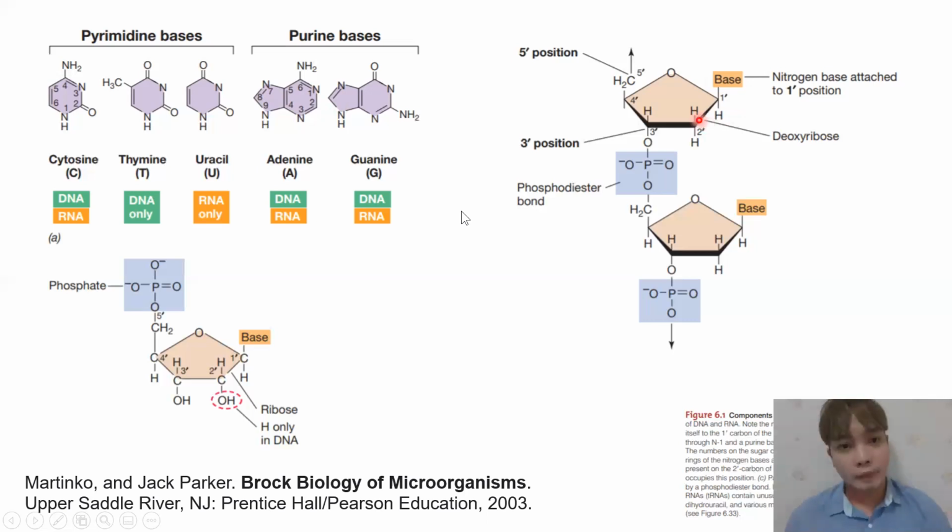So, what else? And the nitrogenous bases for RNA and DNA, they differ. So for DNA, we only have these 4 nitrogenous bases: cytosine, thymine, adenine, and guanine. And for RNA, we also have 4. But instead of thymine, we replace thymine with uracil.